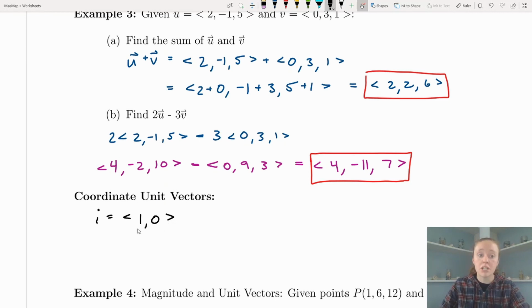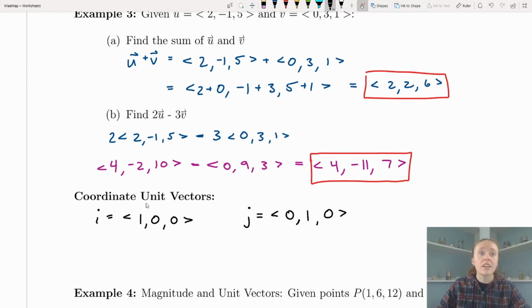But now in 3 dimensions, still having a length of 1, we're going to do 1, 0, 0. For x, y, z, 1 in the x, 0 in the y, 0 in the z to form that vector 1, 0, 0. Then we're going to have j, which in the xy plane was 0, 1, but now in 3 dimensions is 0, 1, 0.